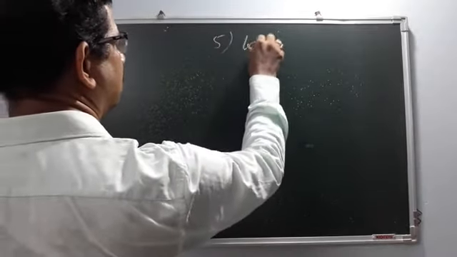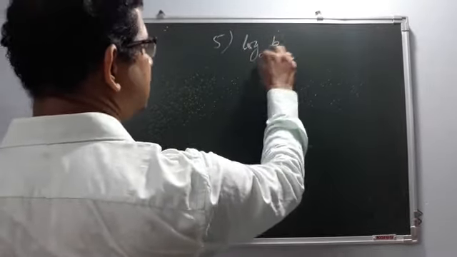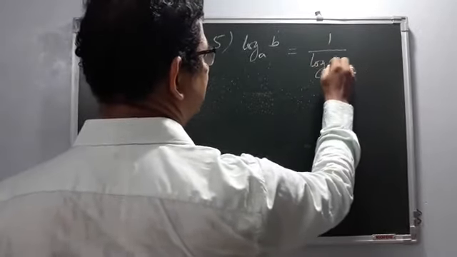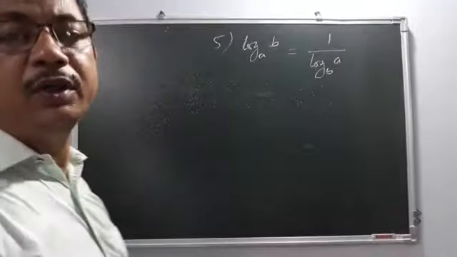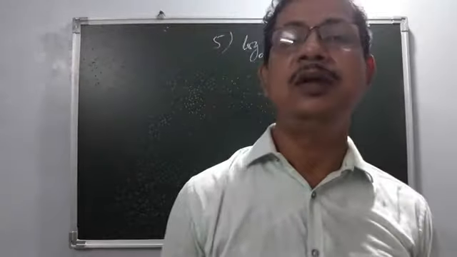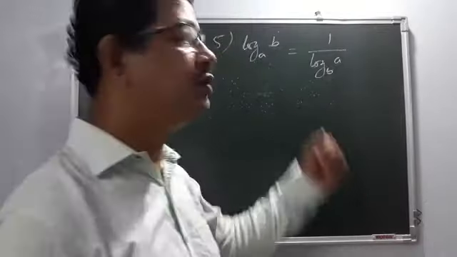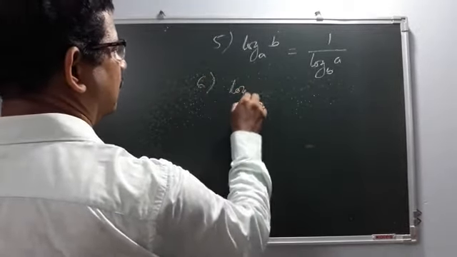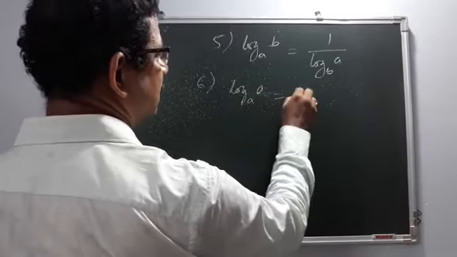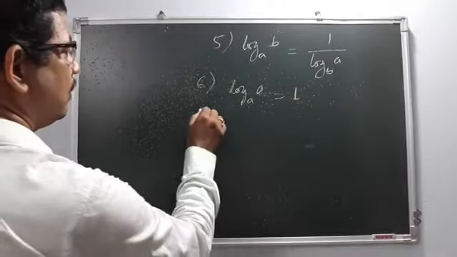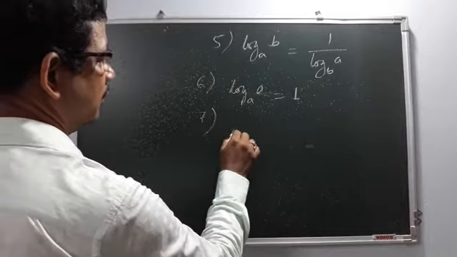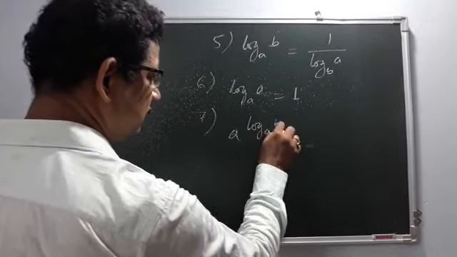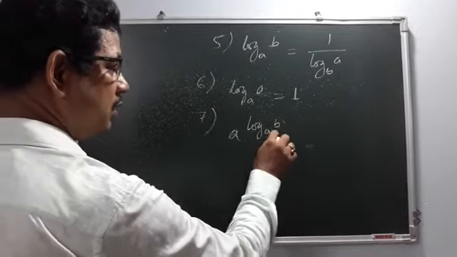Suppose in log you need to interchange these two. Just write under 1, then we interchange this a and b. In many cases, base and power you have to interchange, just do it like that. If we find these two are the same, just give 1. Suppose a to the power log b with base a.